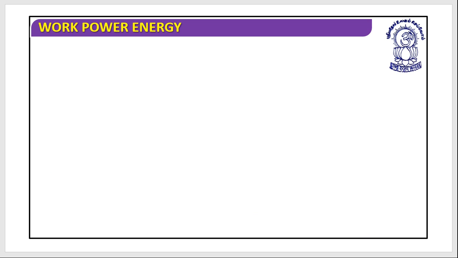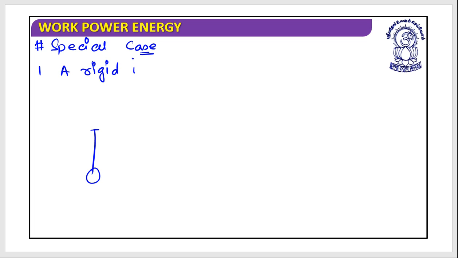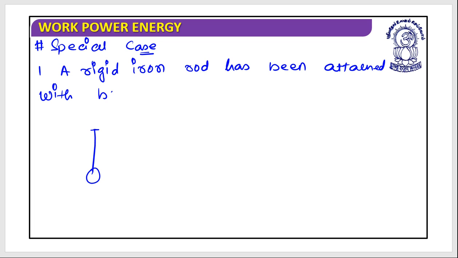Great. Now let's finally look at certain special cases of vertical circular motion. Let's suppose case number 1, that a rigid iron rod has been attached with a bob of mass m.